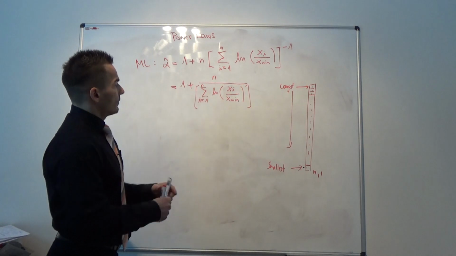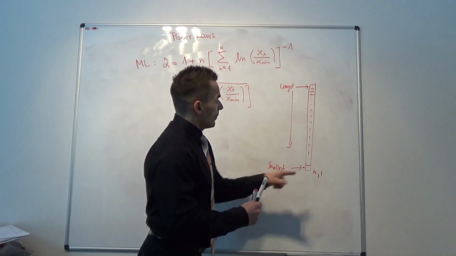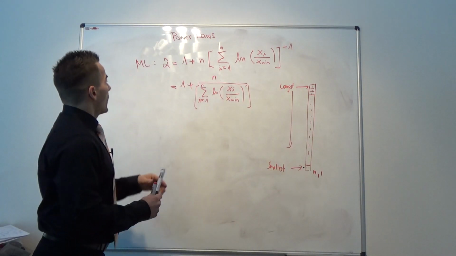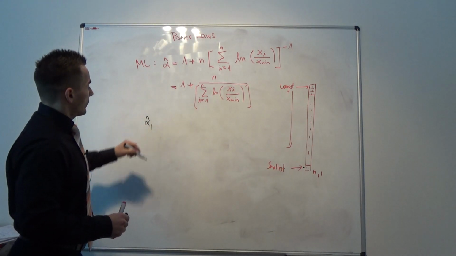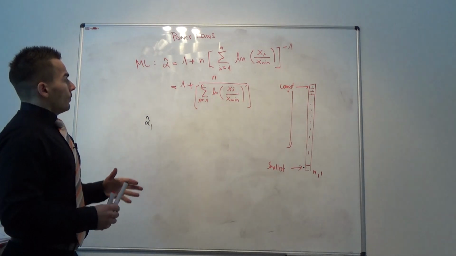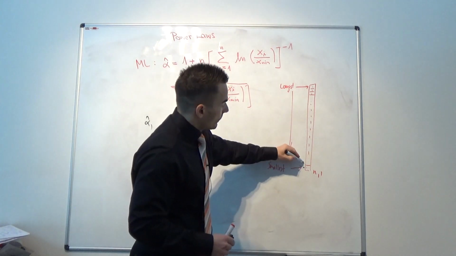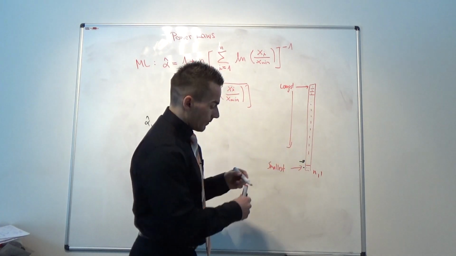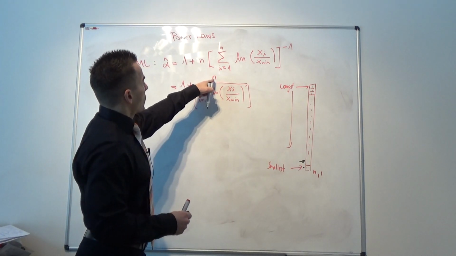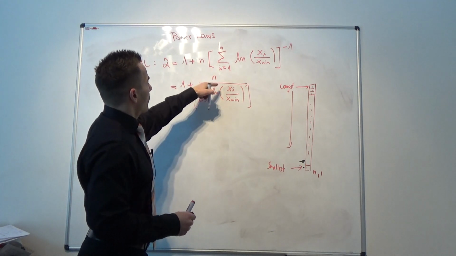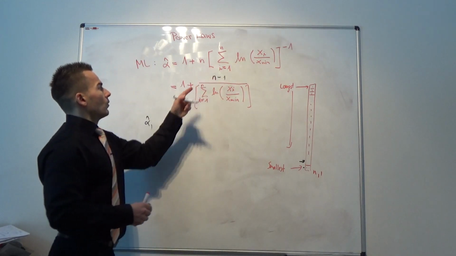We have obviously all observations in our sample then, so n is equal to n, and we get an estimate for our alpha, which is then the first estimate. We do it again, and we take the next smallest observation. That's then our x minimum. Then we have obviously one observation less, so we have n minus 1 in the denominator.